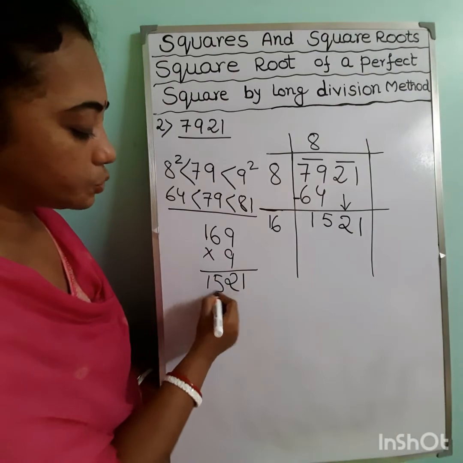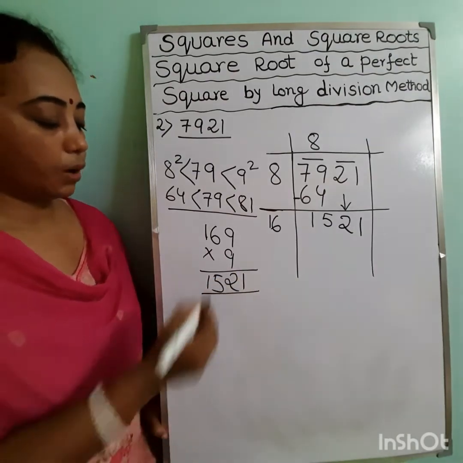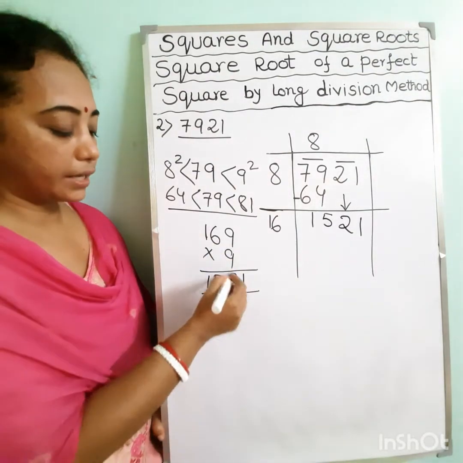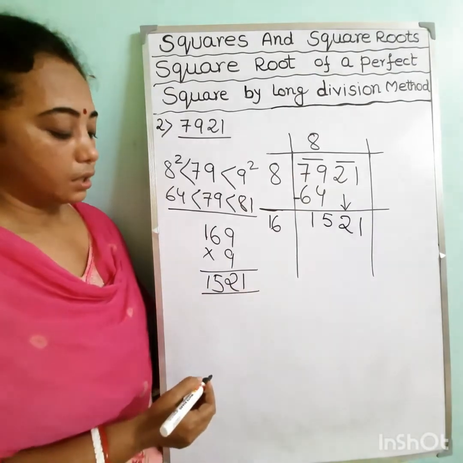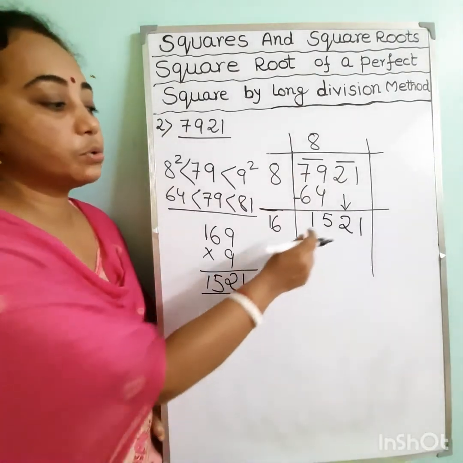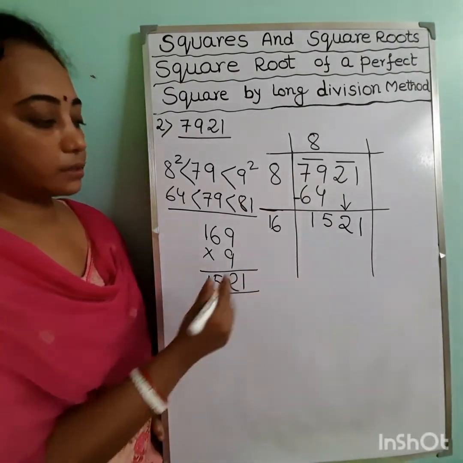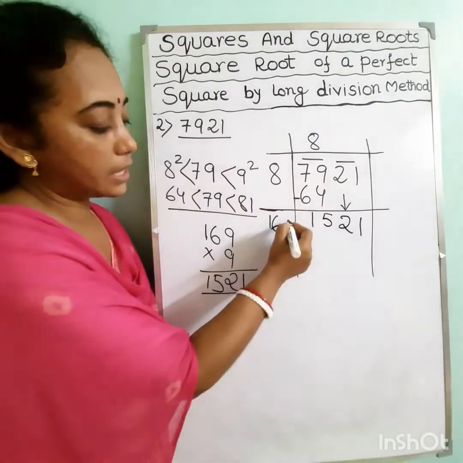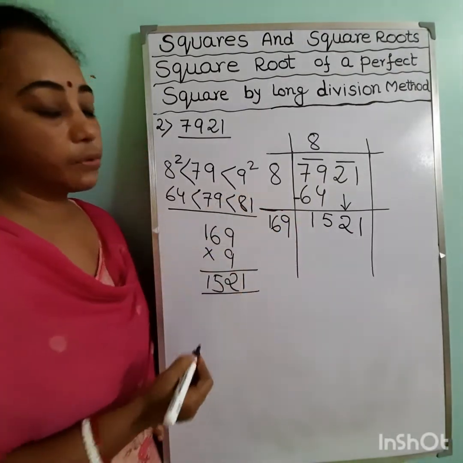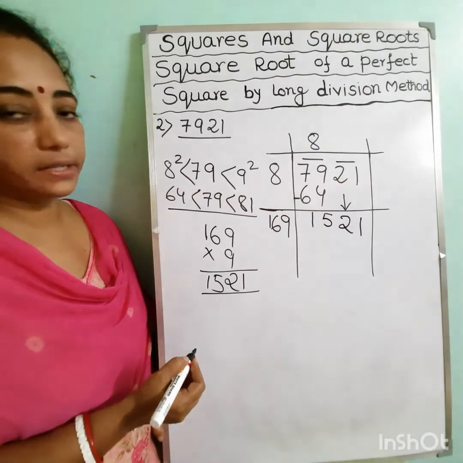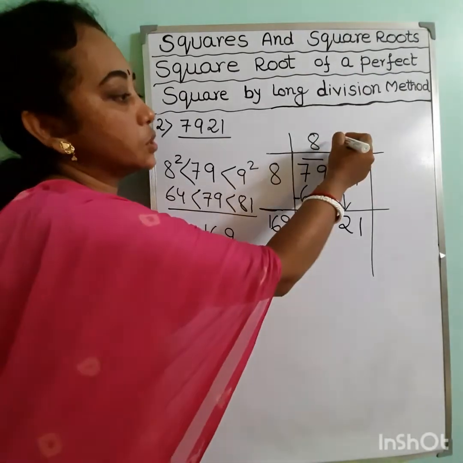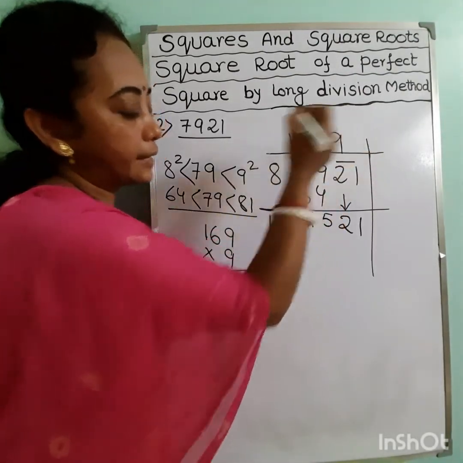So 169 multiplied by 9 gives 1521, which is equal to the new dividend. So we take the right digit of the new divisor as 9, and the new digit of the quotient is also 9.